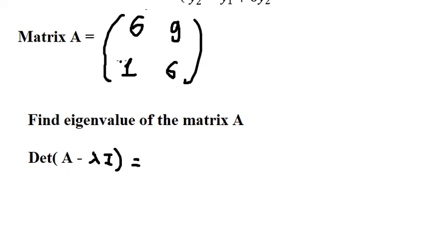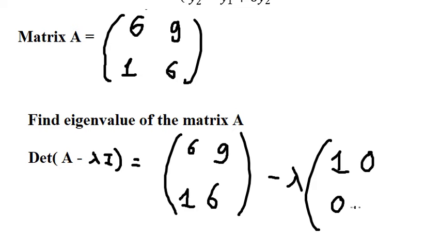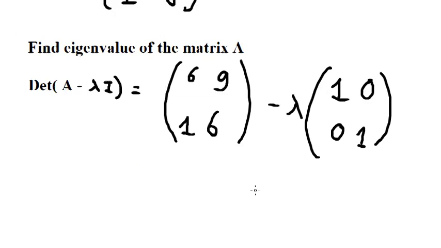So matrix A, I will put this one here, minus lambda multiplied by 1, 0, 0, 1. That's it, that is the matrix I in here.